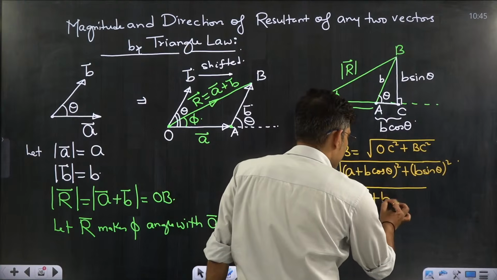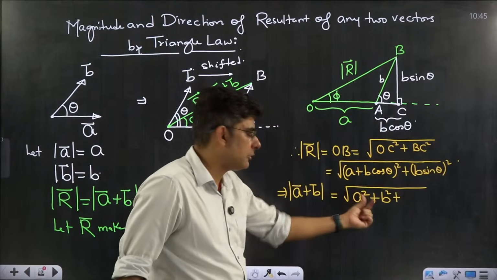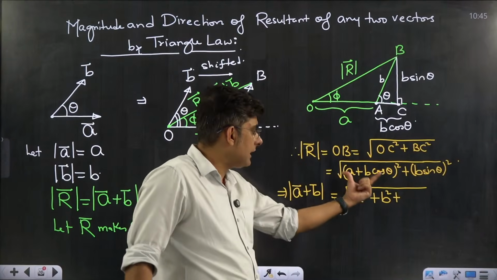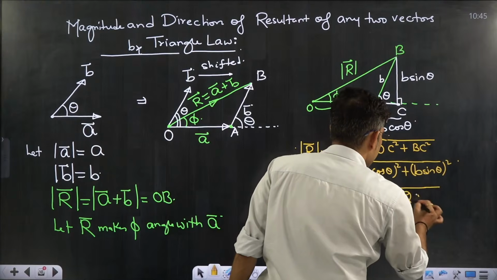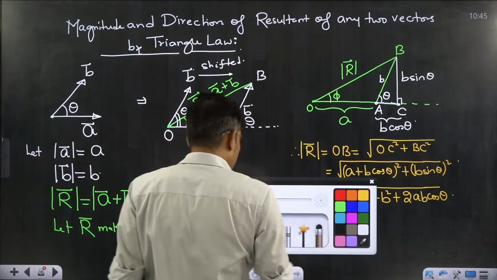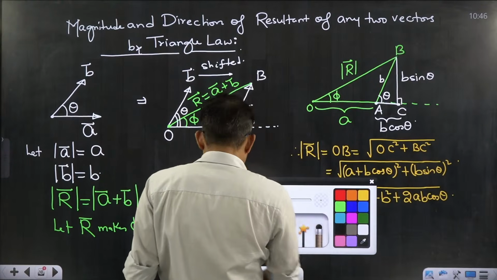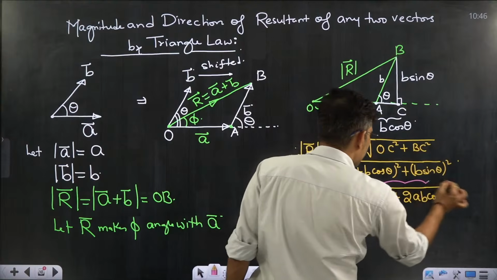Take B square common, so cos square plus sin square will become 1. So you get B square. The third term you will get from this square is 2AB cos theta. So this is our required formula when we have two vectors and I know the magnitude of each vector.